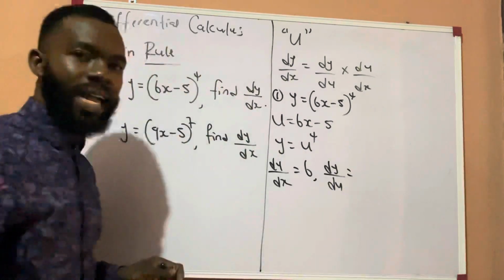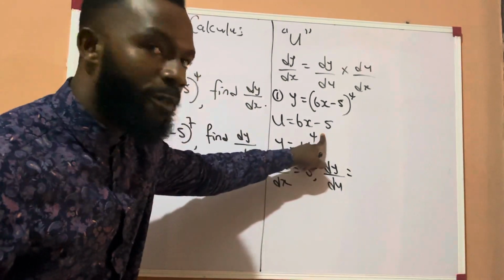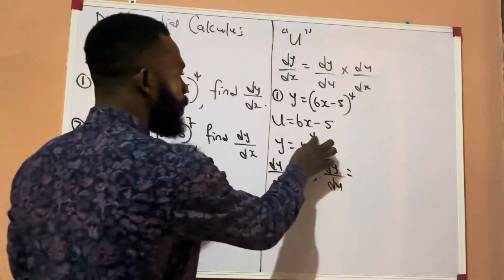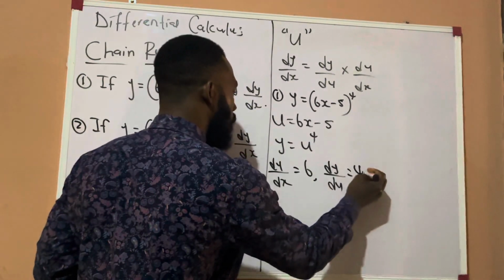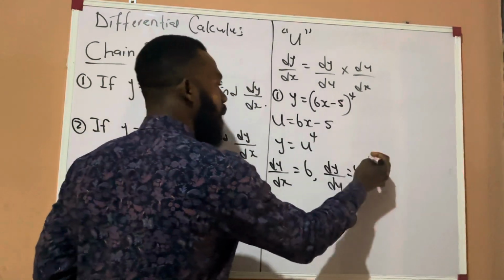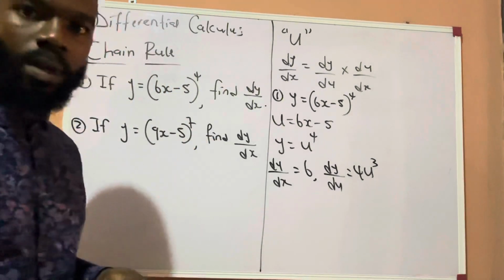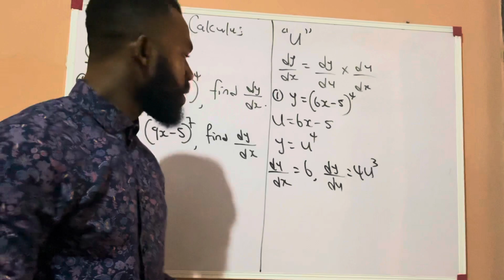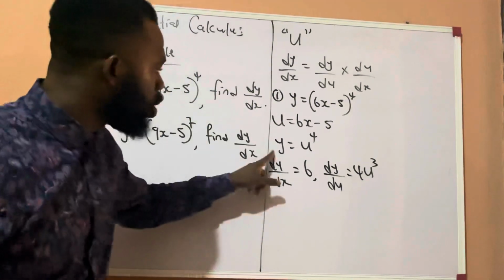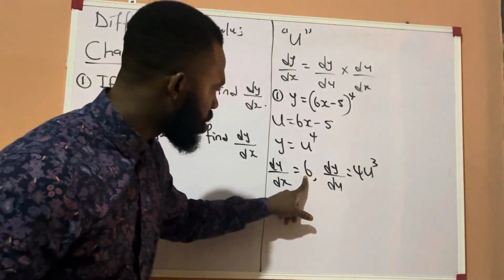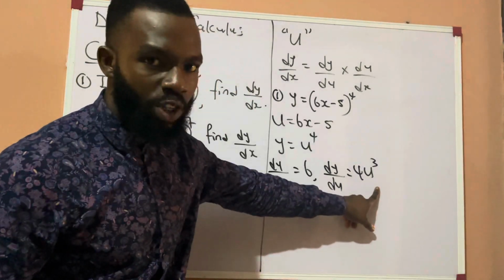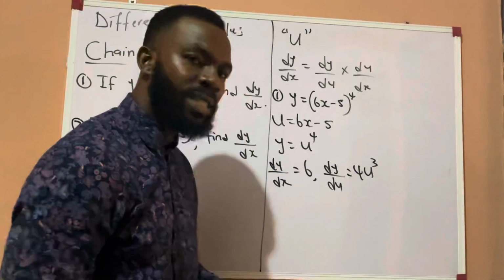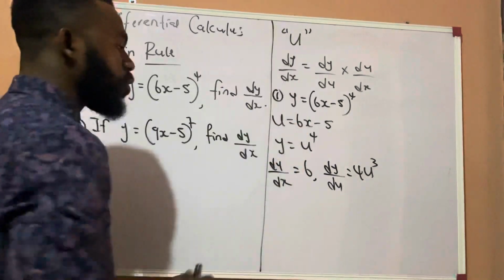So if we differentiate u raised to the power 4, following the formula which says 4 times 1 is 4, then 4 minus 1 is 3. Now, you will see that du over dx is 6, and dy over du is 4u raised to the power 3. Once you are able to do this, the next thing you do is bring out your formula.